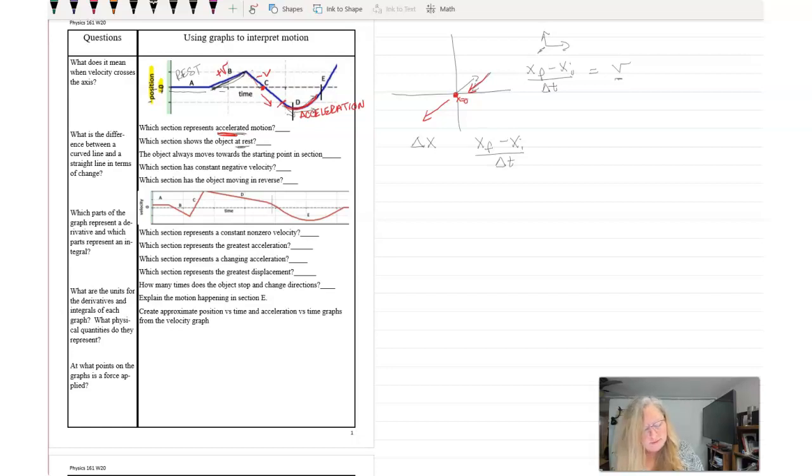And now I have this positive slope. One of the things we define as acceleration would be a change in direction.